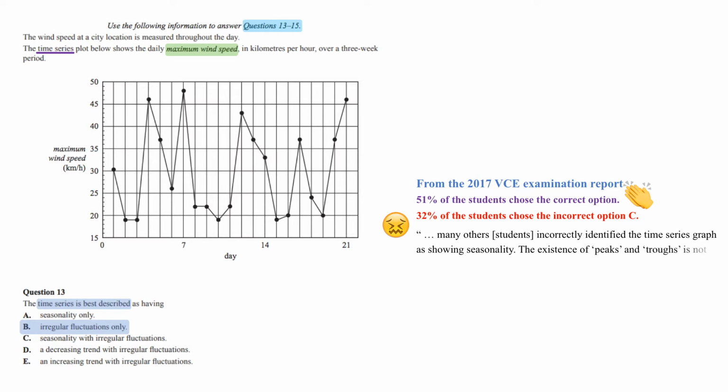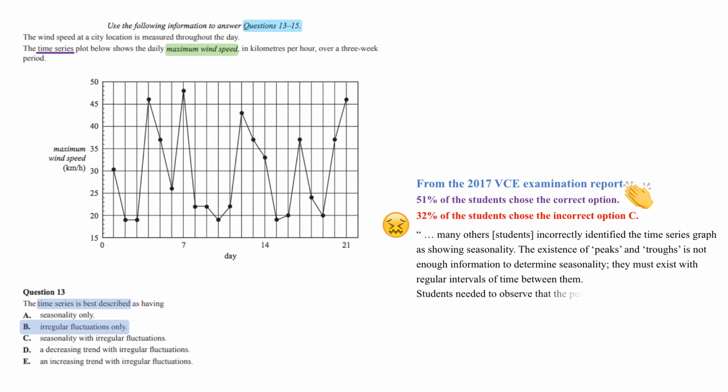The existence of peaks and troughs is not enough information to determine seasonality. They must exist with regular intervals of time between them. Students needed to observe that the peaks did not occur with this regularity and thus reject the existence of seasonality.